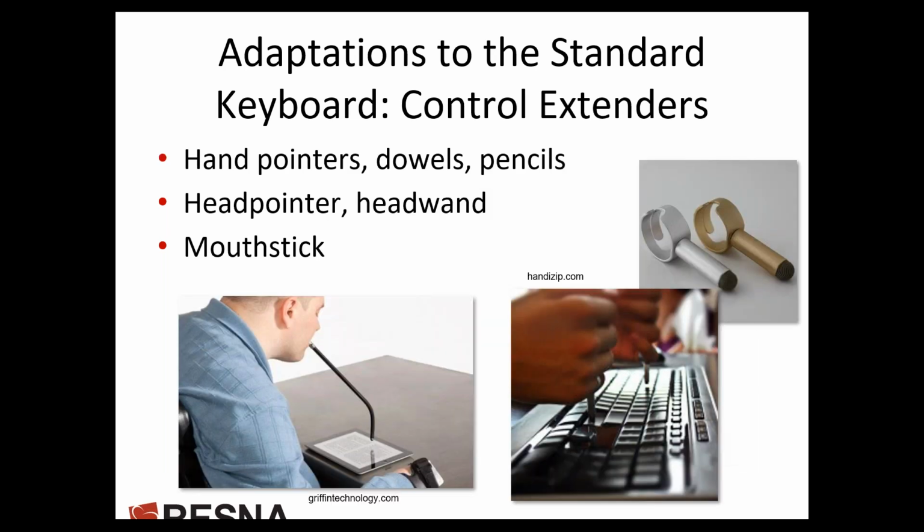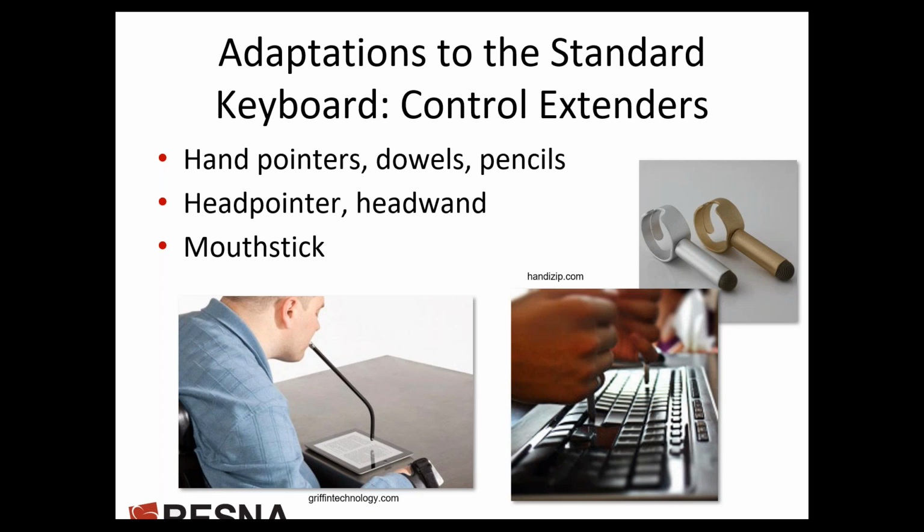Okay. Here we have keyboard extenders, right? So for users who aren't able to use their fingers or hands to access the keys, but have the range of motion or gross motor control needed to type. So control extenders can be mouse sticks. Like in the picture on the left, it's being used with a tablet, but you can also use them with a mini keyboard.